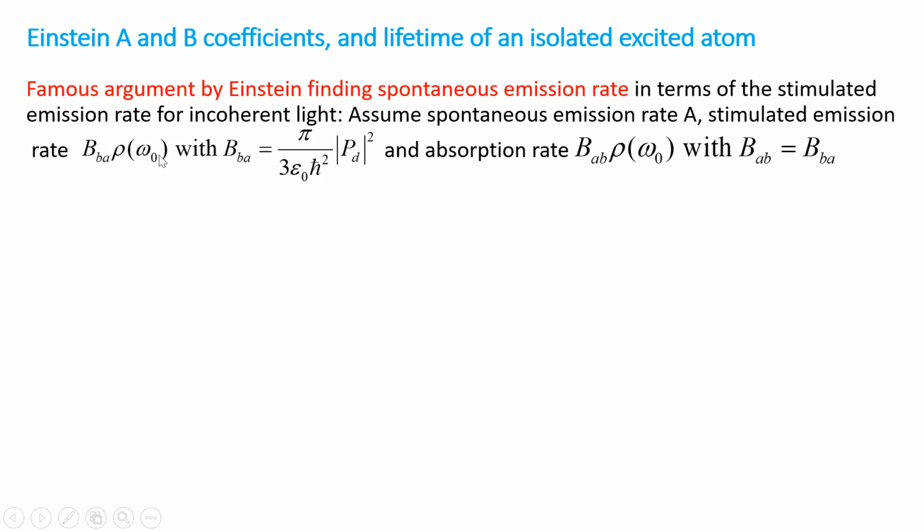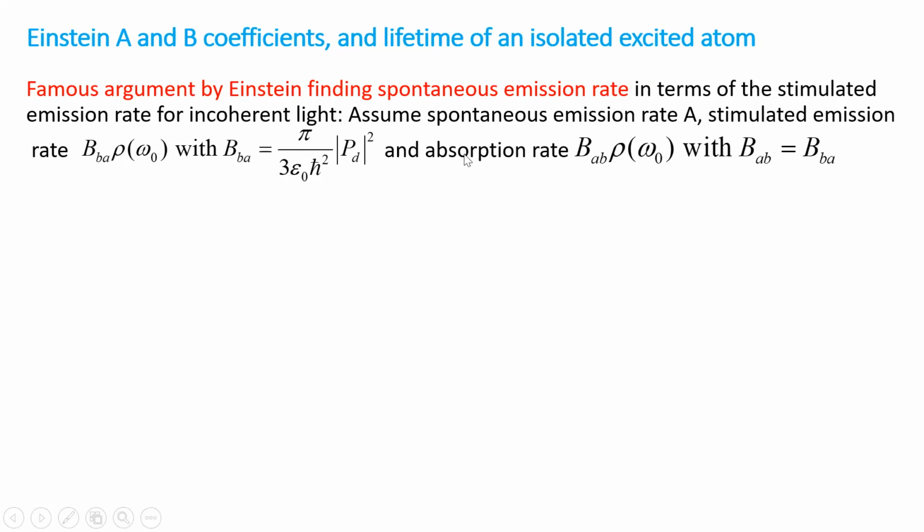The rate is B times rho of omega naught, where B is pi over 3 epsilon naught h bar squared times the dipole matrix element squared. So when combined with the rho of omega naught, this is exactly what we had on the previous slide for the rate of stimulated emission for incoherent light. We're just separating out this B factor for reasons we'll see in a second.